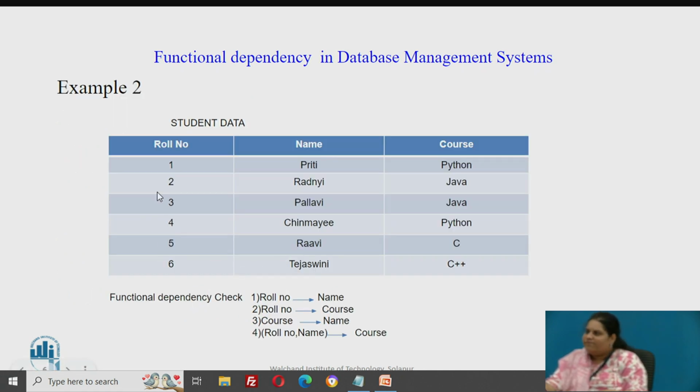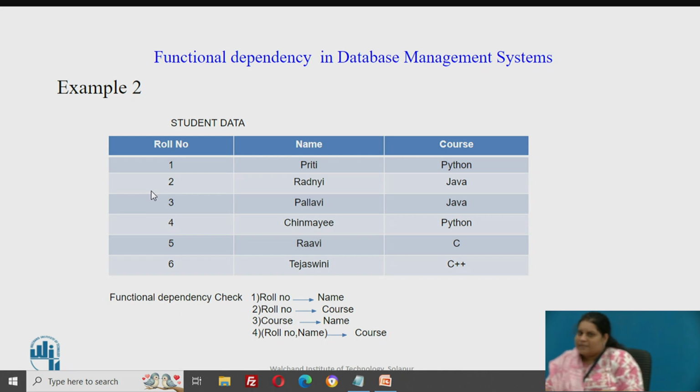Next we go for one table that has student data: roll number, name, along with the course they have taken. We can check the functional dependency here. We consider the roll number column along with the name. The same rule applies, that is T1.A is equal to T2.A, so we consider two tuples.